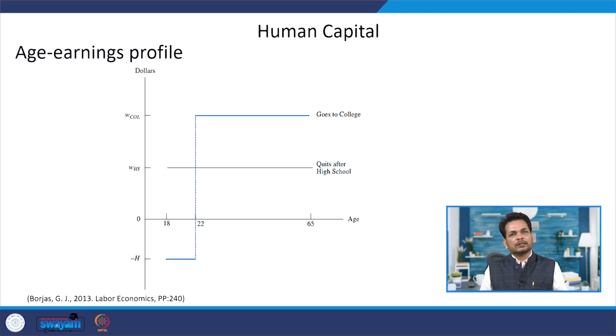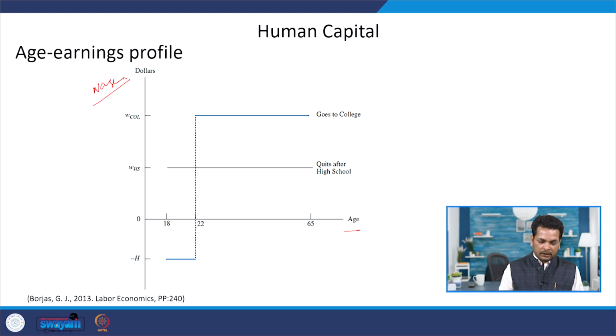here we have tried to draw the age-earnings profile of the individual. On the x axis we have taken the age, on the y axis we have taken the wage. We are assuming that after the individual is 18 years old, he has completed his high school.